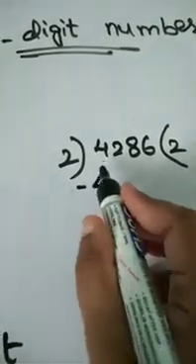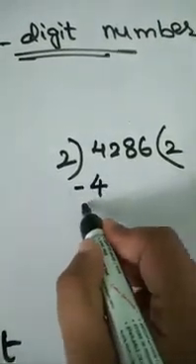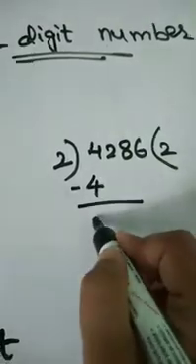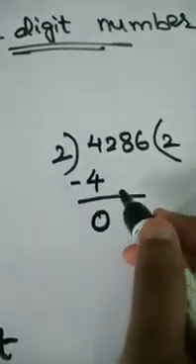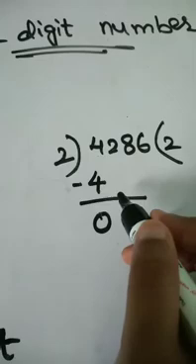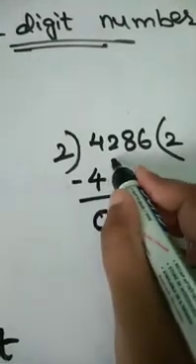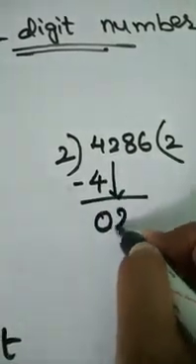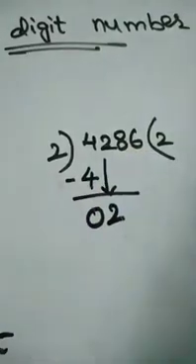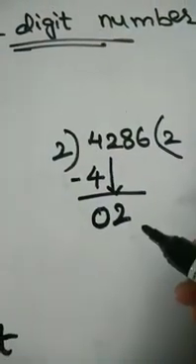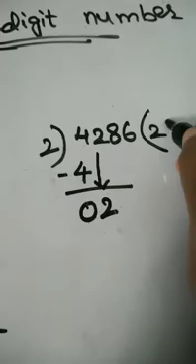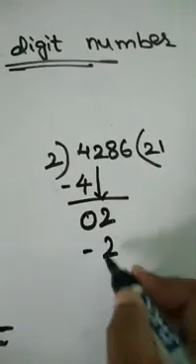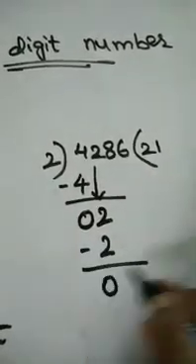Next we do the subtraction: 4 minus 4 is 0. Then we bring the next digit down, that is 2. In the 2 table, 2 ones are 2. So 2 minus 2 is 0.